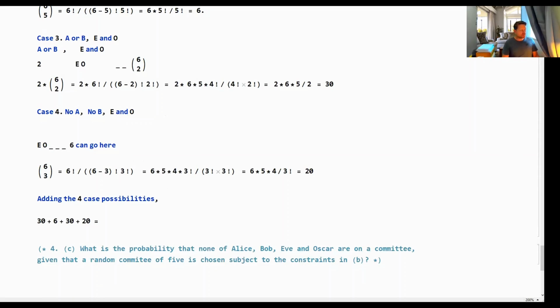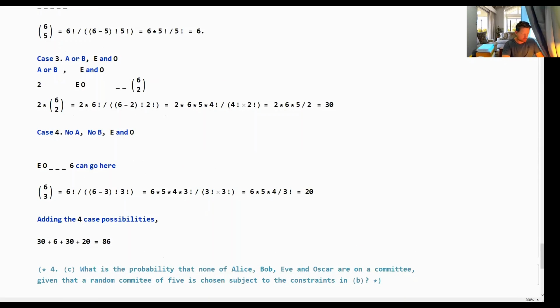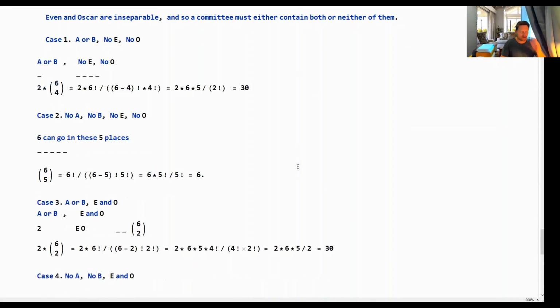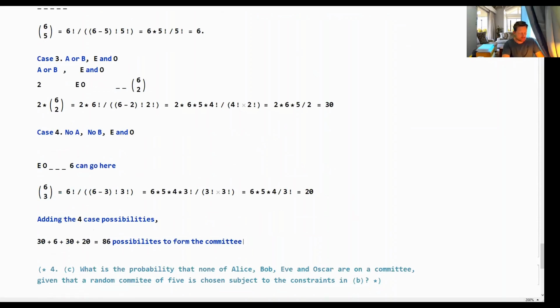So 30 plus 6 is 36, plus 30 is 66, plus another 20 is 86. So 86 possibilities here to form a committee under those constraints.